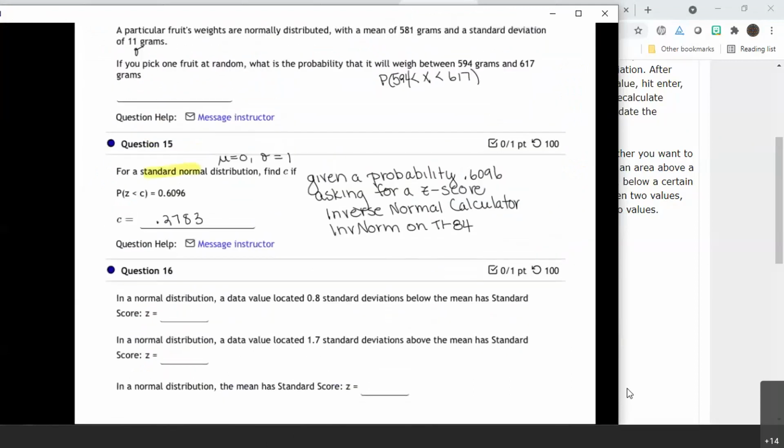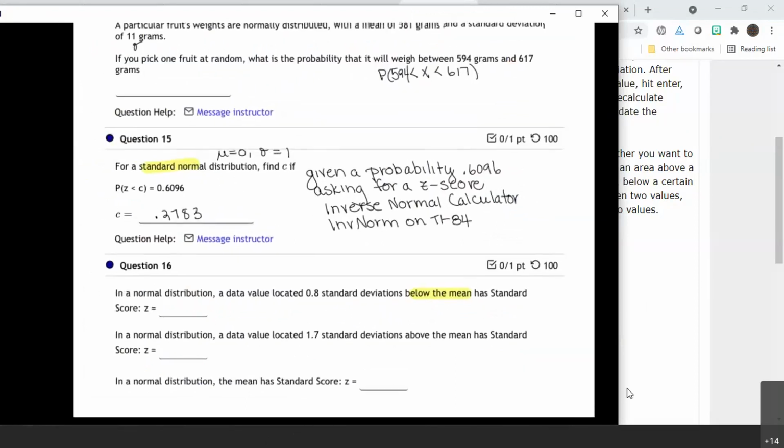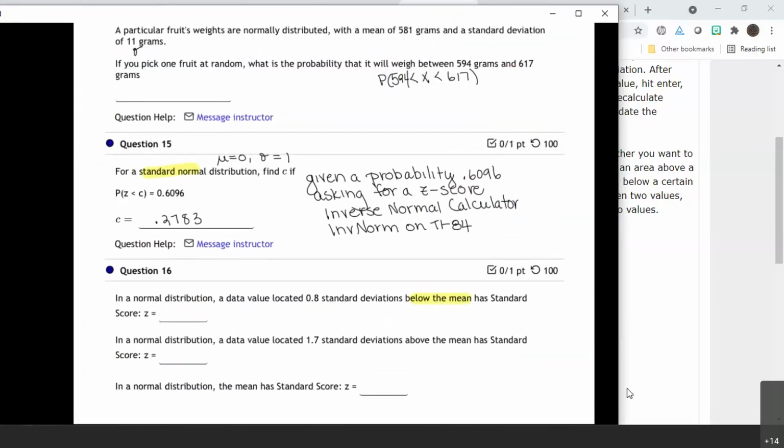In a normal distribution, a data value located 0.8 standard deviations below the mean has a standard score, a z-score of negative 0.8, because remember, on a standard normal distribution, the standard deviations are the same thing as the z-scores.